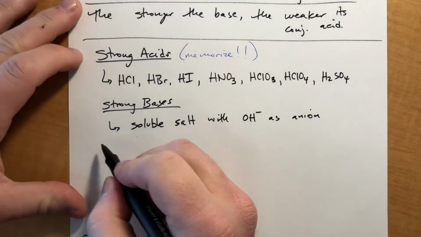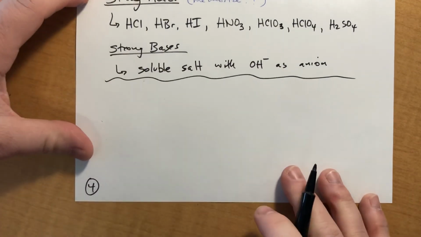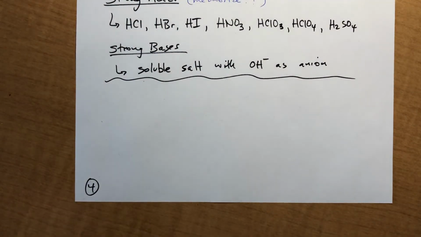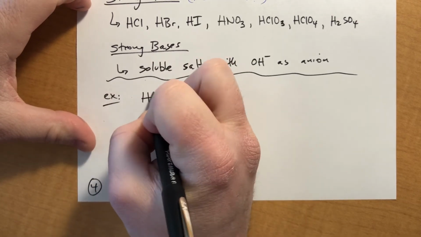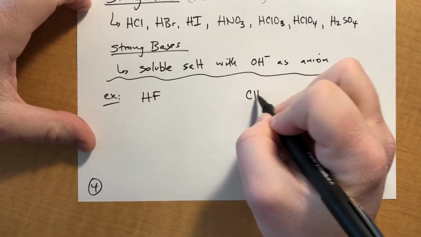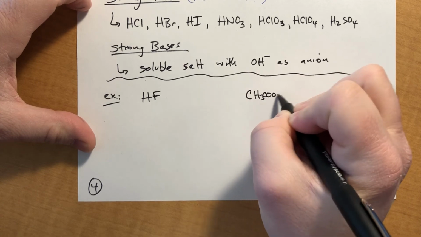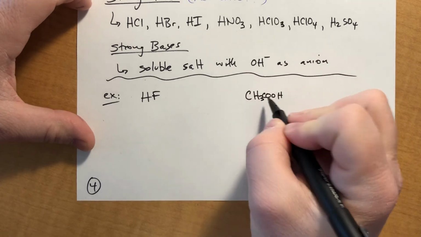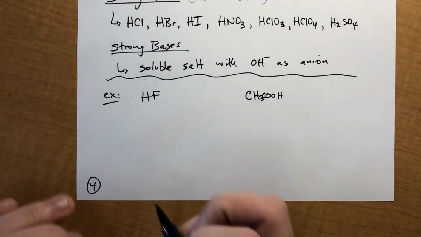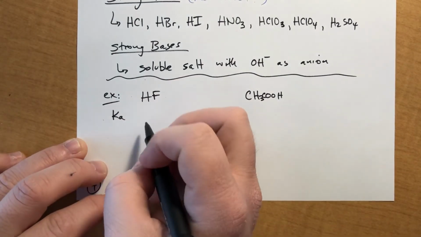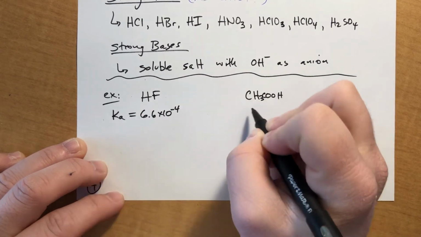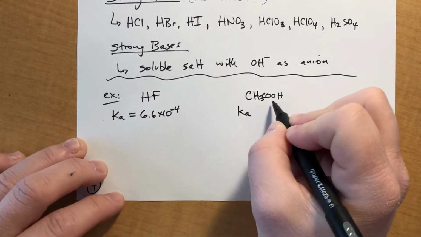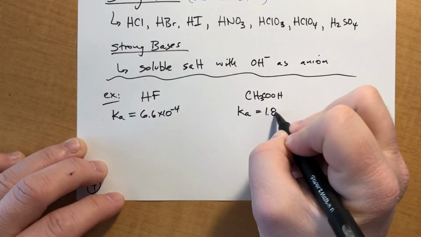So let's try an example of some of this stuff, just so that you have an example in your notes. Let's say we have 2 acids, HF and CH3COOH. Can't write legibly, sorry about that. The Ka for HF is 6.6 times 10 to the negative 4th, and the Ka for CH3COOH is equal to 1.8 times 10 to the negative fifth.